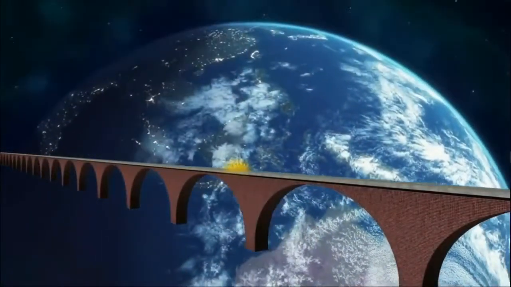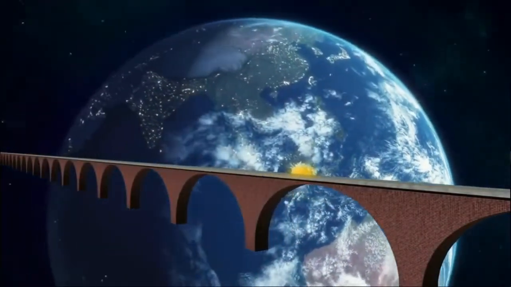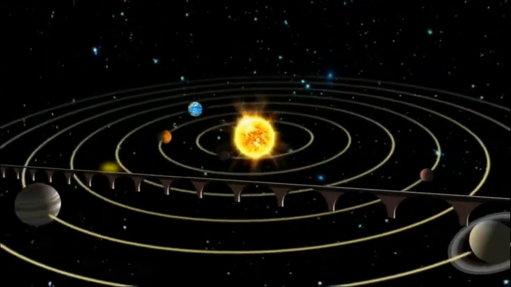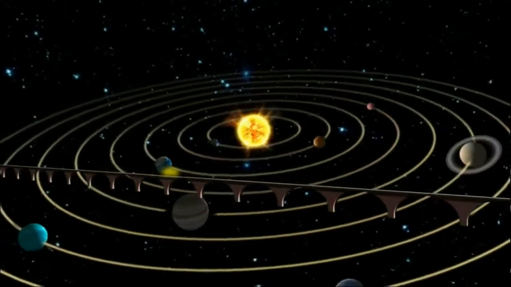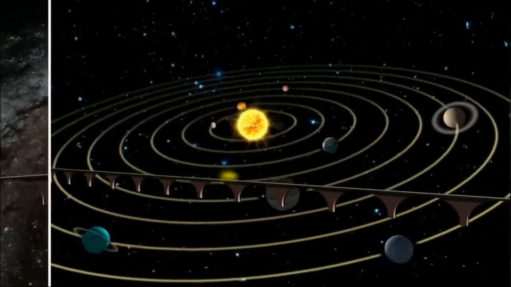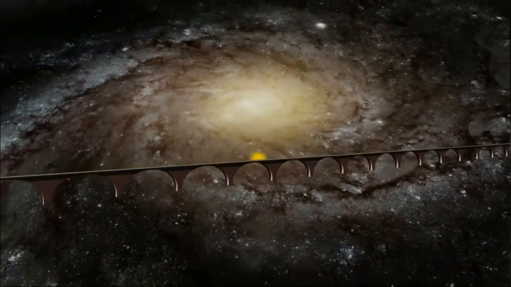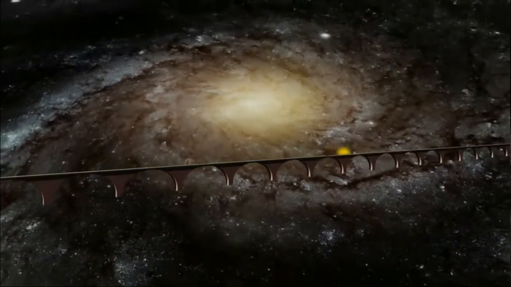The amoeba continues making round trips until it has hauled off every atom on Earth. Then, all of the atoms in our solar system. Then, every planet and star in the Milky Way galaxy, one atom at a time.